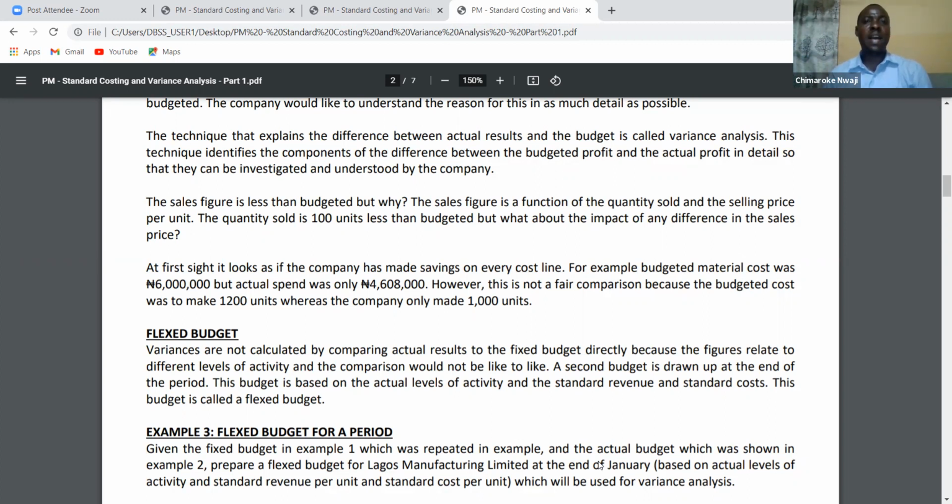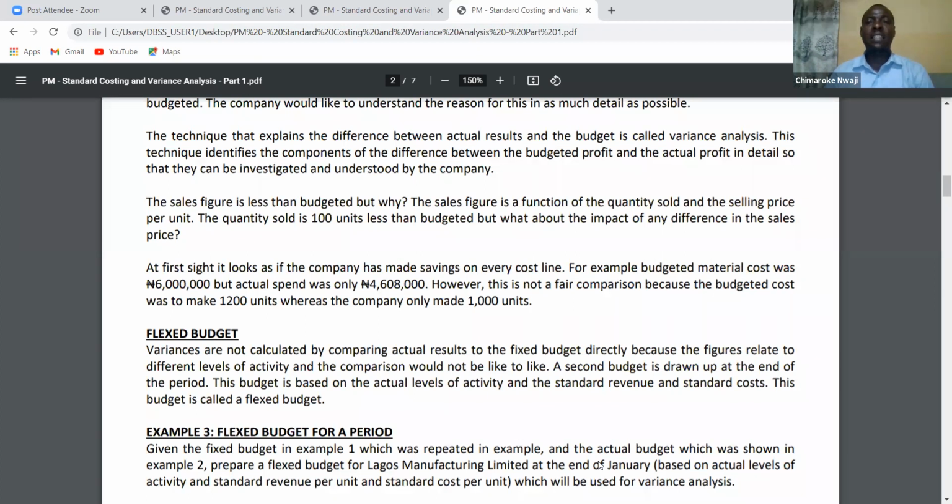So if you want to compare a sales result, which shows you 900 units of items sold instead of 1,000 units, you need to flex your budget or make it flexible so that you will think, assuming I had planned for 900 units, how would the result be like?